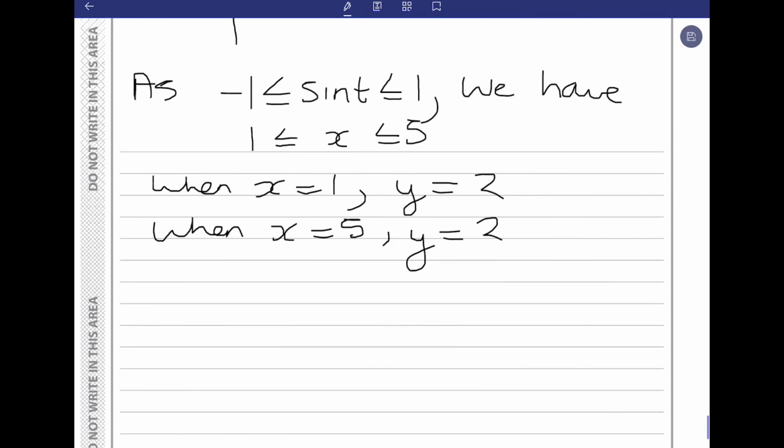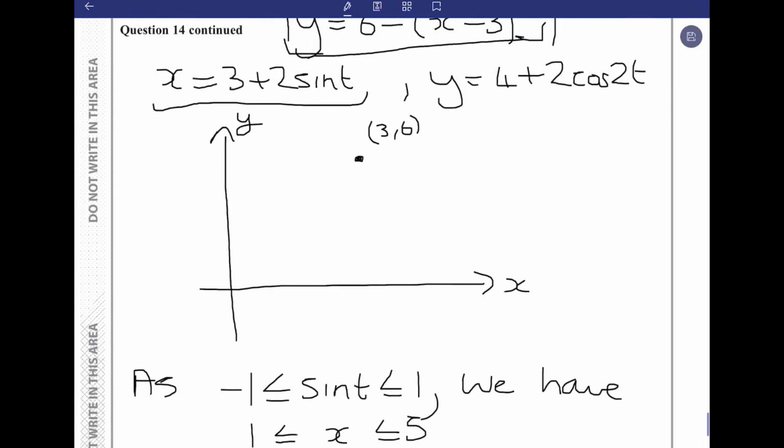This means we have the following curve. Let me just draw that in. We have our points (1, 2) and (5, 2), so we have something like this. That's not the best of drawings, but it'll do for now. This is the one end point, and this is the other end point. That's how you draw the parabola for C.